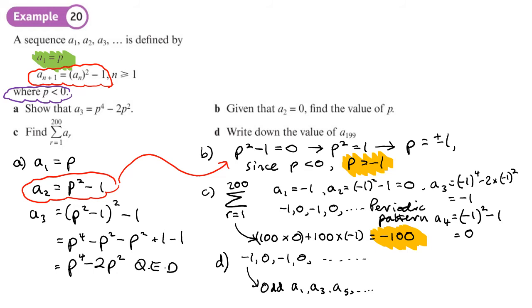They're all negative 1, where that little subscript is an odd number. Where that little subscript is an even number, so A2, A4, A6, they're all going to be zeros. Now we've got a subscript with an odd number, 199, so that's going to be negative 1. So we just write that down. There's no real working that we have to do for that. So let's just highlight that.